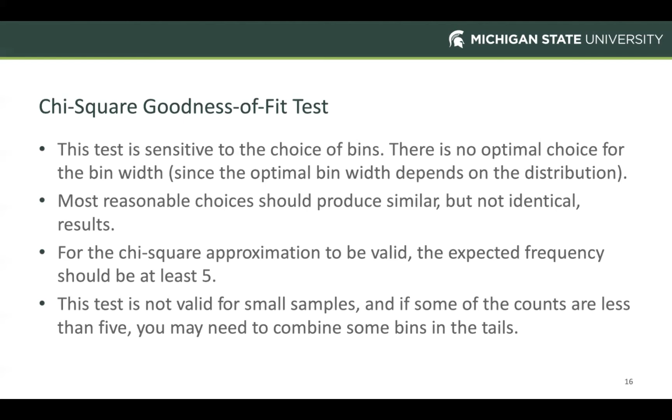And so if you have counts that are less than, say, 5, as indicated here, you'd want to combine those bins. And so specifically, if you're looking at the tails of the distribution that you're trying to compare, you'd want to make sure that we wouldn't have values that are way out in the tails of the normal distribution, because it's so unlikely we'd see any observations in those specific ranges.